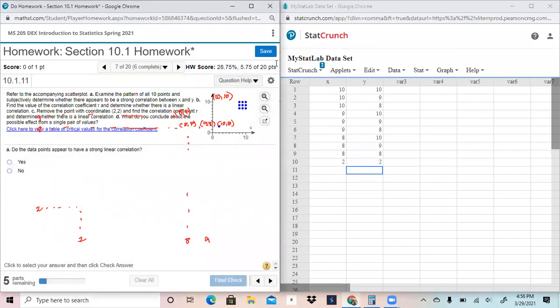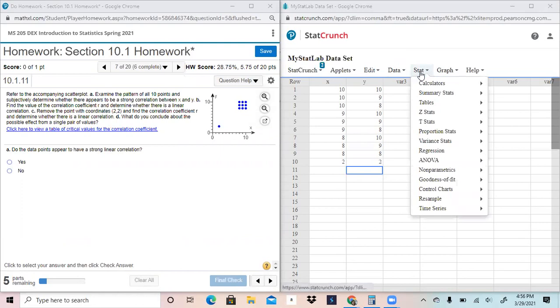So now let me get rid of that. Let me clear all my doodles out. With all 10 of these points, these data do appear to have a strong correlation.